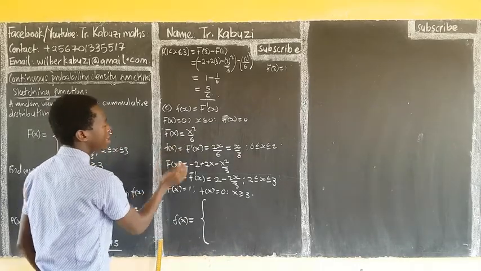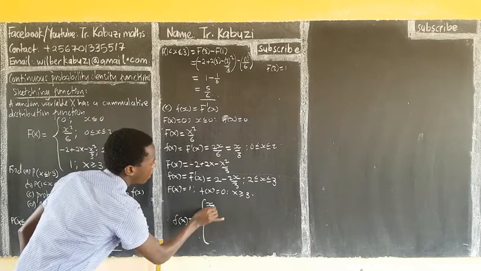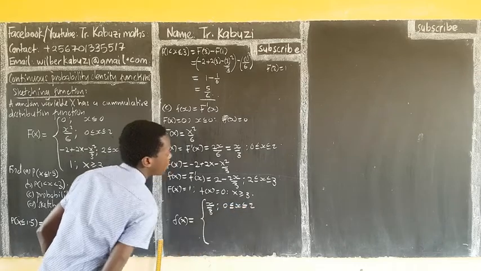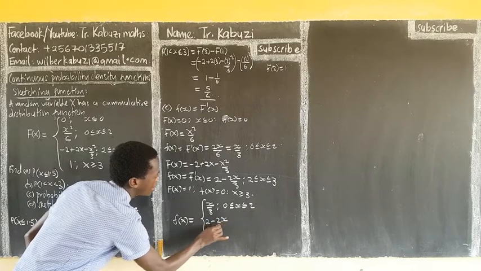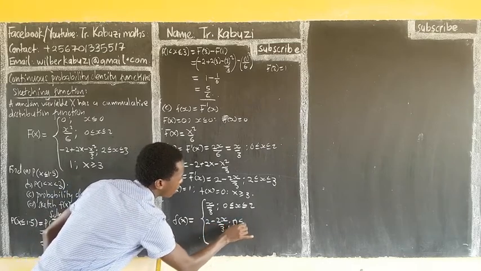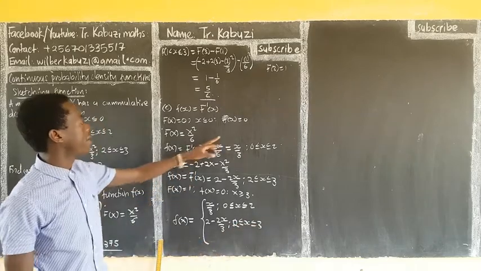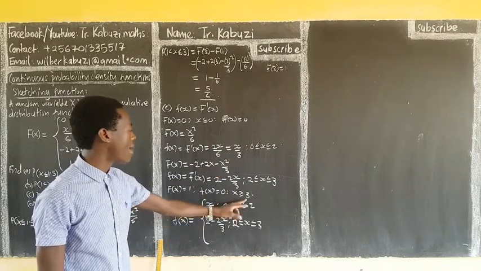So for this, it is x over 3 for the interval 0 to 2. Then it's 2 minus 2x over 3 for the interval 2 to 3. Then it's giving us 0 below this, and 0 above 3.